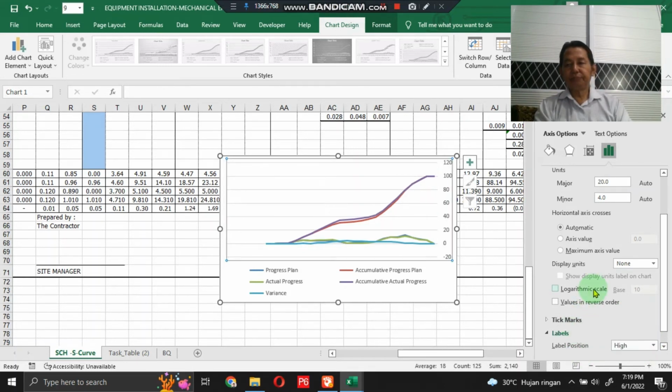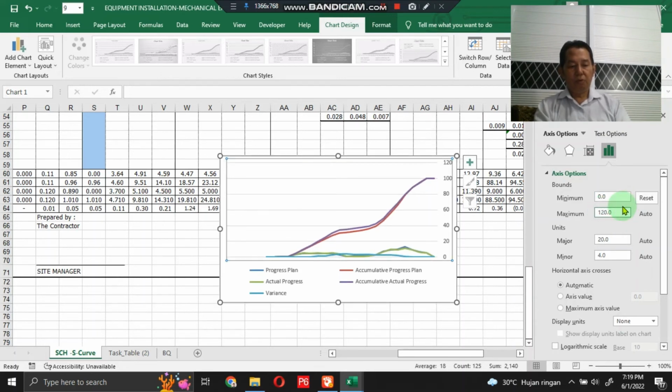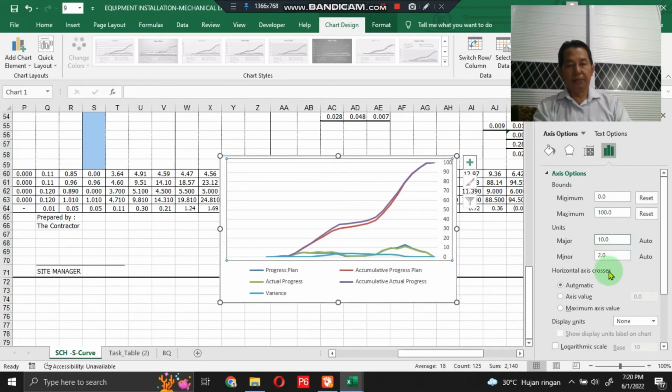Then we reset the boundary, starting from minimum 0 till maximum 100. Then we set major at 10 and minor at 2.